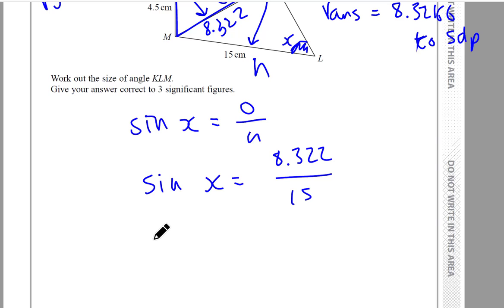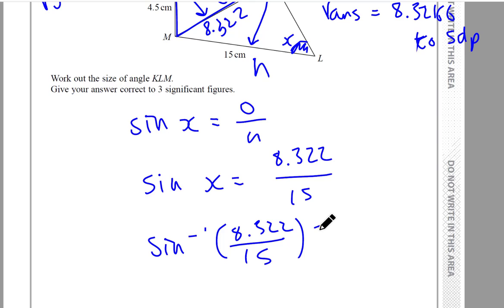Inverse sine that. Over 15. Well, let's just do that on a calculator actually.